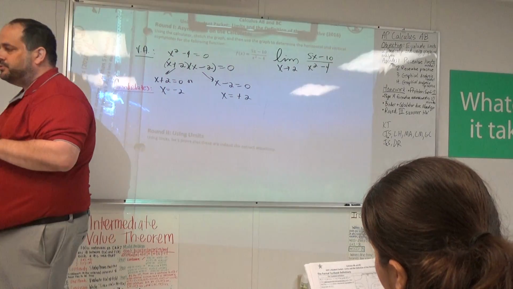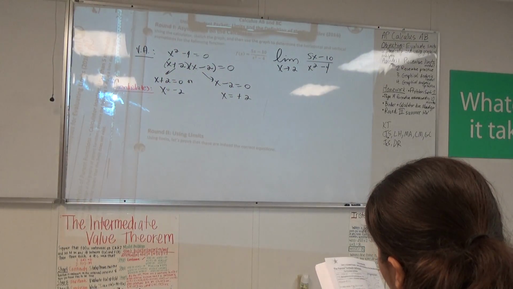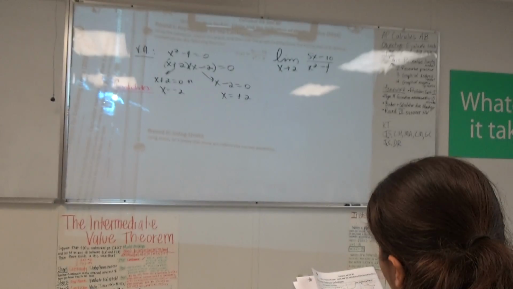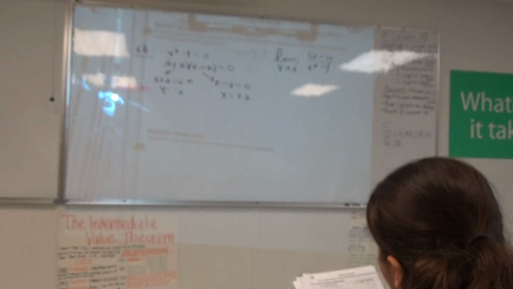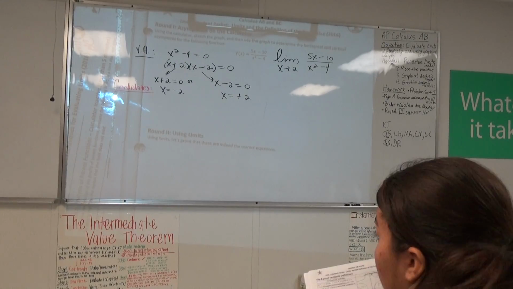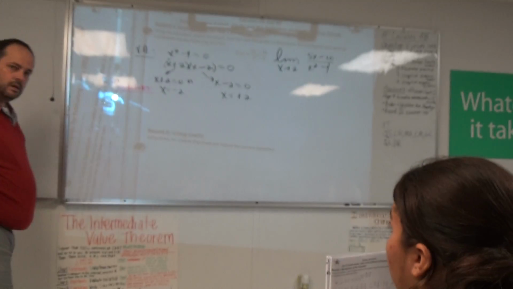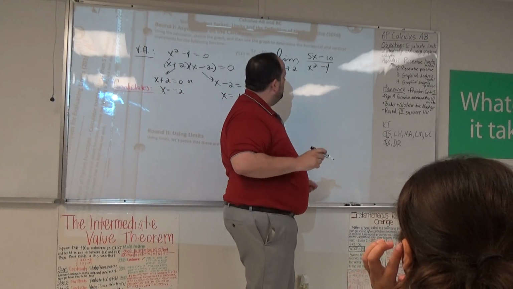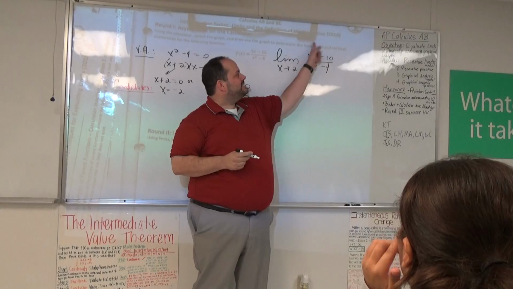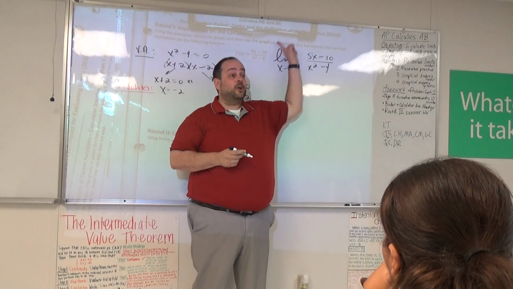What has to be true if you have a vertical asymptote? X equals the actual asymptote. Not quite. Something has to be true about the value of this limit.